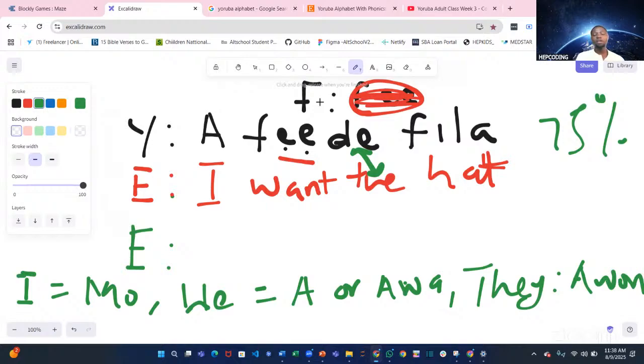Instead of mo fe, a fe, awa. Instead of awa fe lo toilet, Yoruba will just shorten it as a fe. Awa fe jeun. This is the full real way to write it in Yoruba, the correct way. However, in speaking, this is what people do. A fe, a fe, a fe. So you can see Yoruba is not that difficult when you think about it.